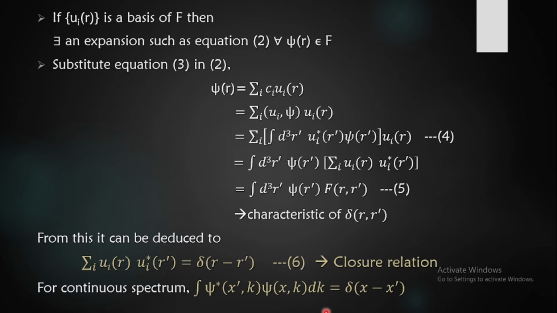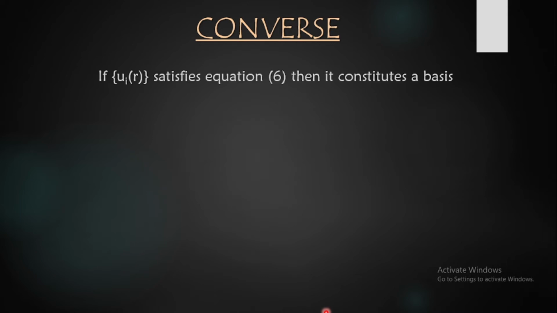And now let us verify it, that is reciprocally or by converse. What does it say? Whether we are going to get back the same thing or not is the question. So if an orthonormal set ui of r satisfies equation number 6, that is the closure relation, then it constitutes a basis. This is what it is saying.